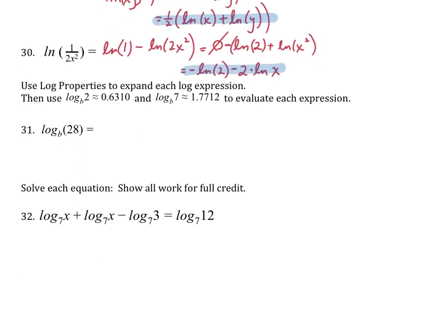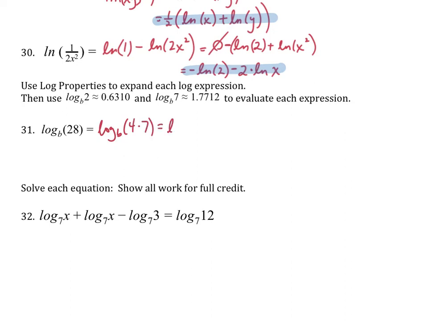Last two, 31 and 32. When we're looking at these, we want to simplify them as much as possible, and then we can plug in or substitute in what we know to evaluate for 31. On 32, we'll look at it and I'll show you. So 28, I can rewrite 28 to be log base b of 4 times 7.